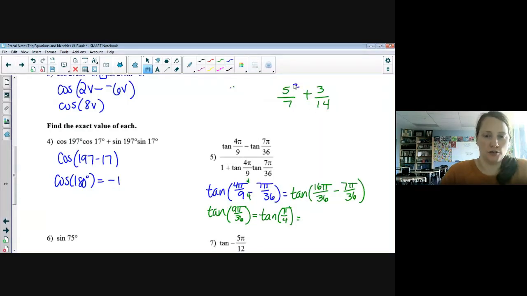So I would do a 2 on top and bottom. And that would be 10 over 14 plus 3 over 14. Now you can add them together. Okay. Same thing here, except I just had pies with it. So I needed a 4, and I could turn that into a 36, and they'd match. So I just multiplied by 4 to get 16, and by 4 to get 36. Then that made 9 over 36, which simplifies to a 4th.